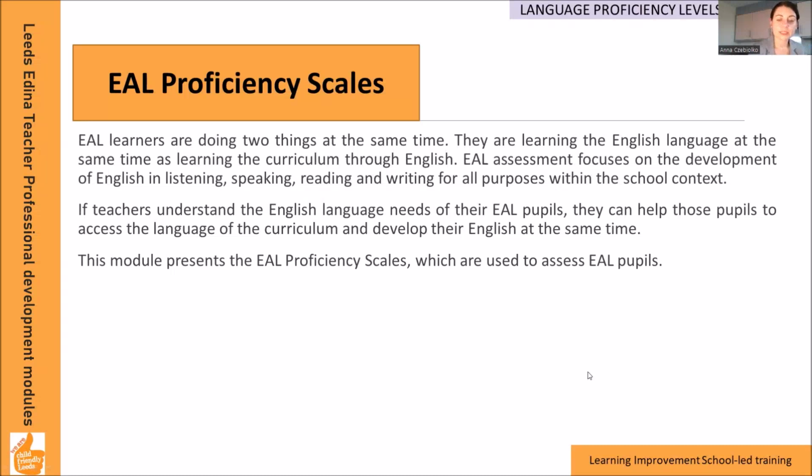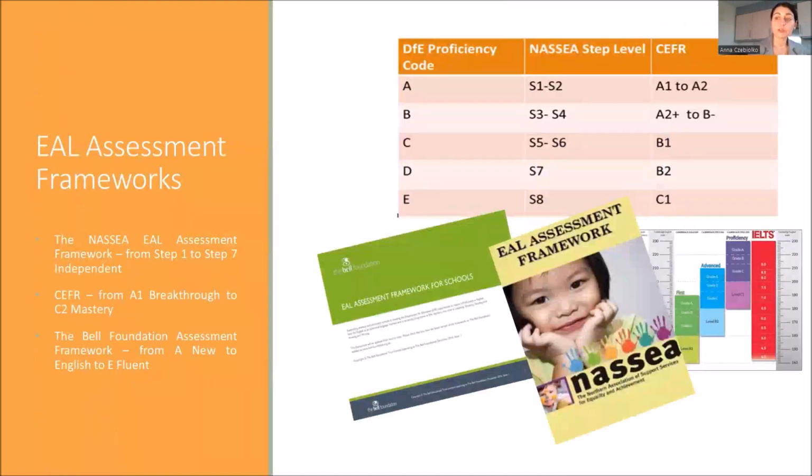This module presents the EAL proficiency scales, which are used to assess EAL pupils. What are the most popular EAL assessment frameworks? The NASSEA EAL assessment framework is one of them. It describes EAL pupils' abilities by using 7 steps progress descriptors.